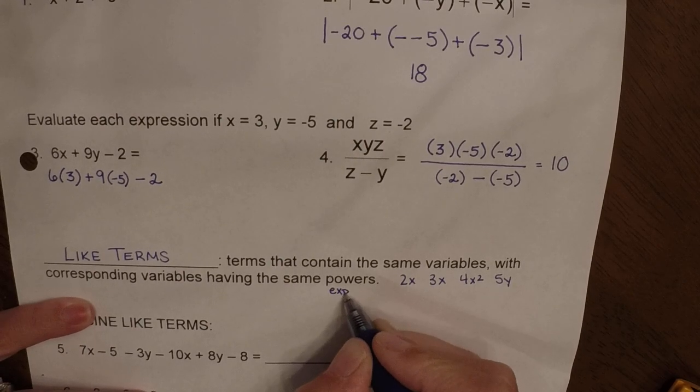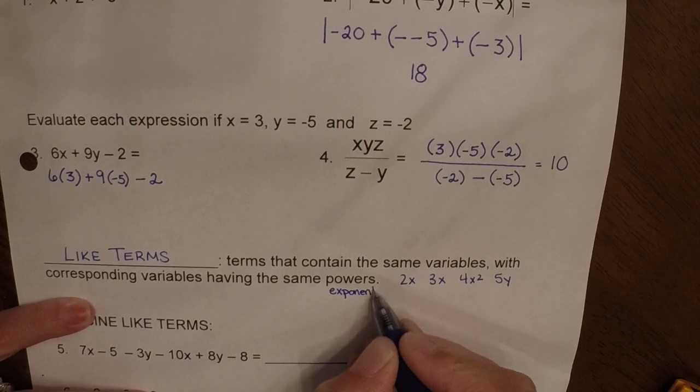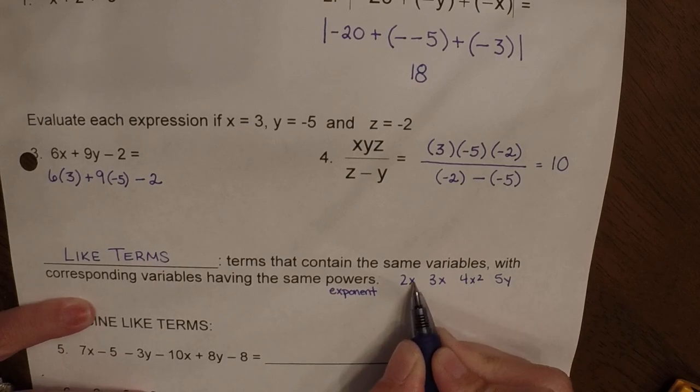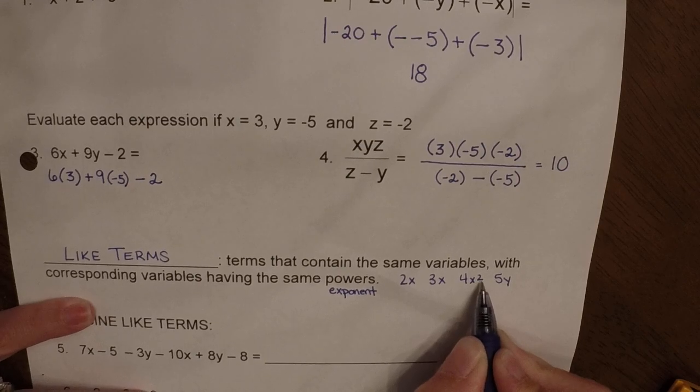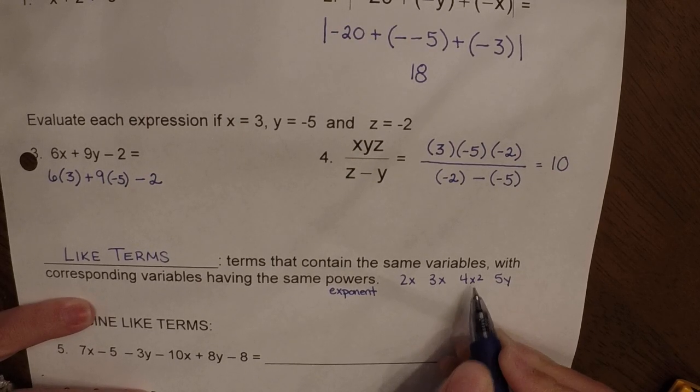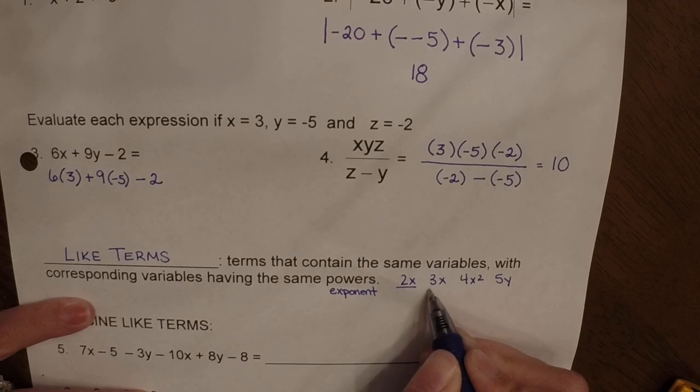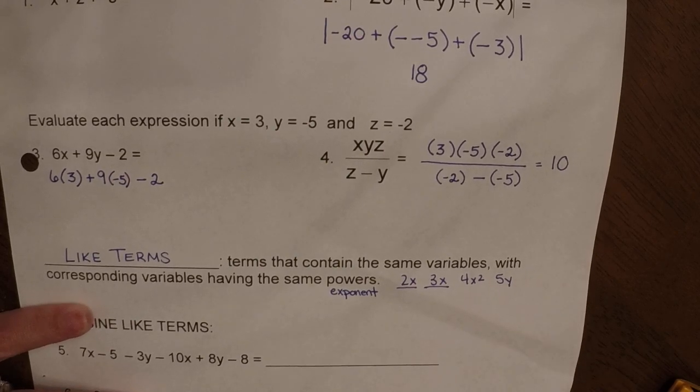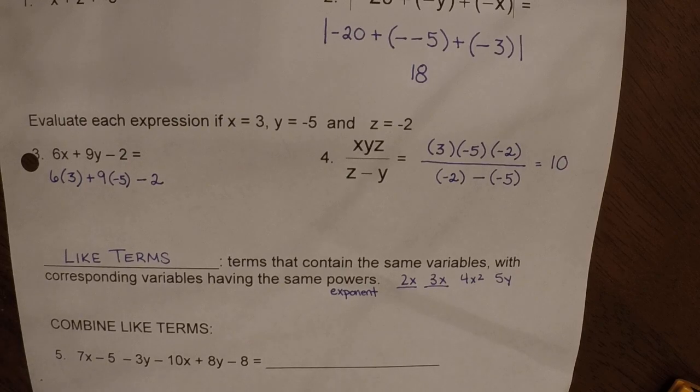Well, that means the exponent. So if you look, this doesn't have an exponent, or it has an exponent of 1. This has an exponent of 2. So this wouldn't be considered a like term. So this 2x and this 3x would be the like terms. 4x squared and 5y would kind of be on their own.